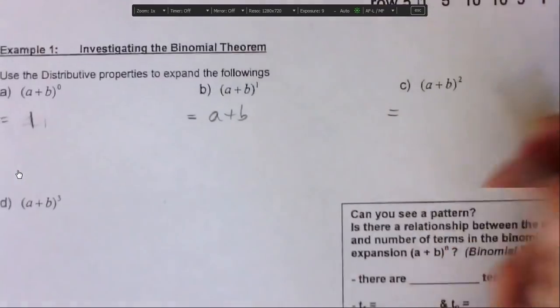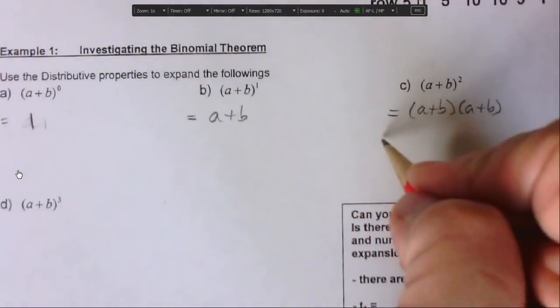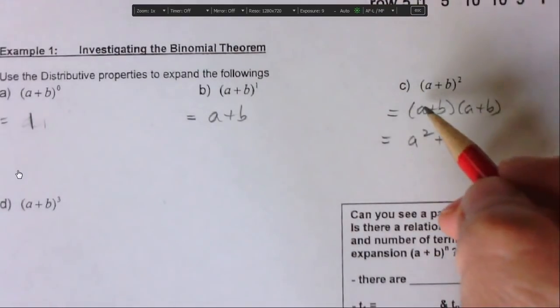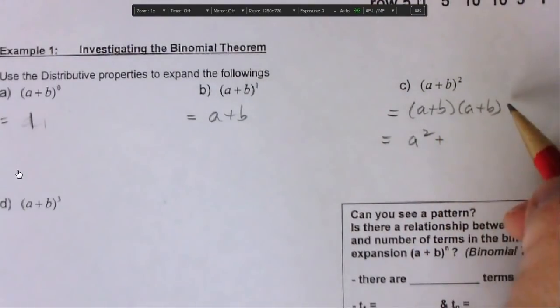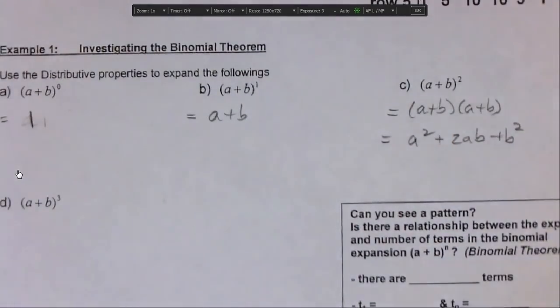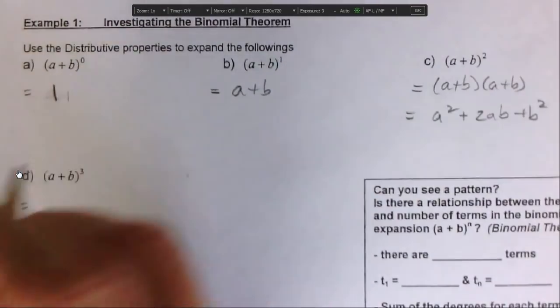Now, a plus b to the exponent 2 is a plus b times a plus b. So to expand this, it's a squared plus, we have an ab and a ba, so that's 2ab plus b squared. Okay, let's go cubed, a plus b cubed.